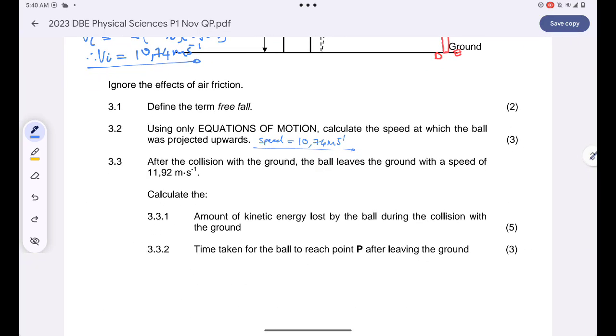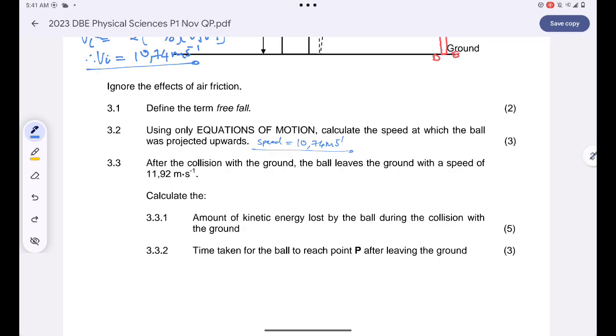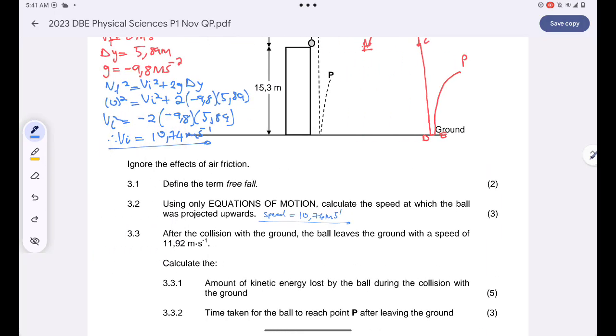Okay, and now we are told that after the collision with the ground, the ball leaves the ground at a speed of 11.92 meters per second. They're telling us that the speed of the ball at position E is positive 11.92 meters per second.